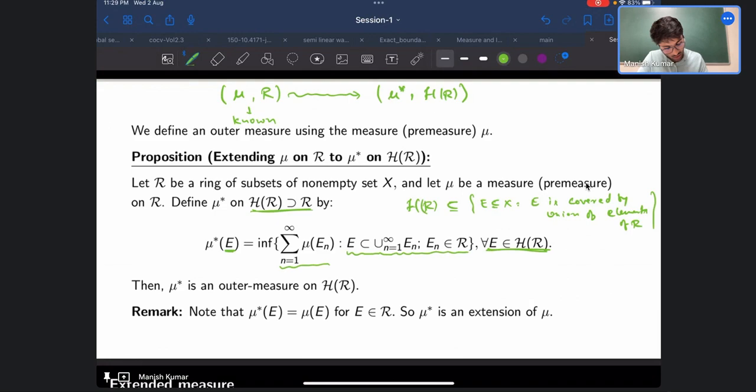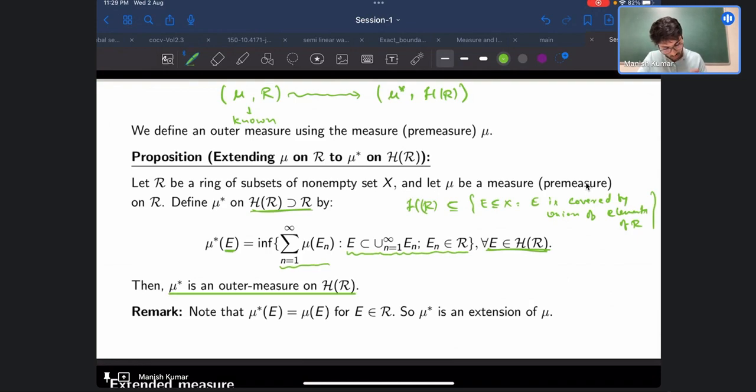Whichever is smaller will be defined as mu star of E. So it is the infimum of the sum of measures of covers of E. To define this mu star I am using this mu, and it can be proved that this mu star is an outer measure.